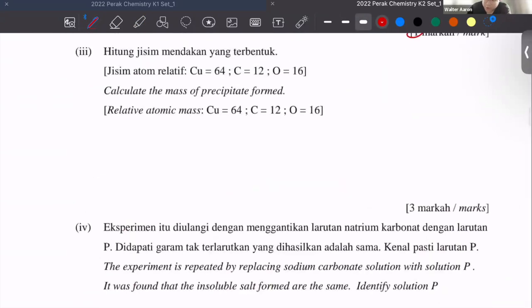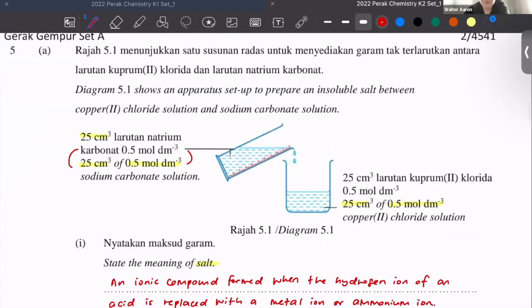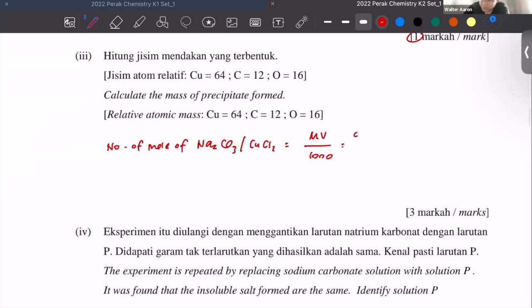So what we can do now is to calculate number of mole of any substance, Na2CO3 or CuCl2, and you can just use the formula of MV over 1000. So that should be 25 and 0.5, isn't it? So you can put here 0.5 times 25 divided by 1000. Then you should be able to get a total of 0.0125 mole.